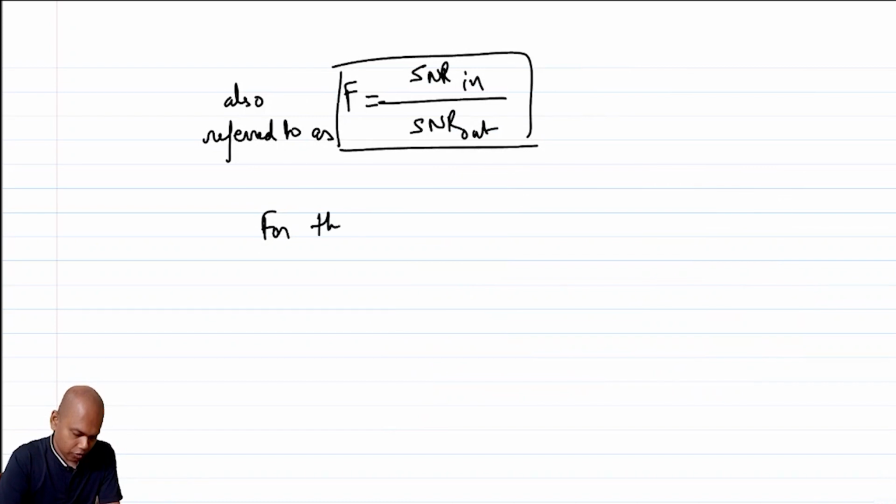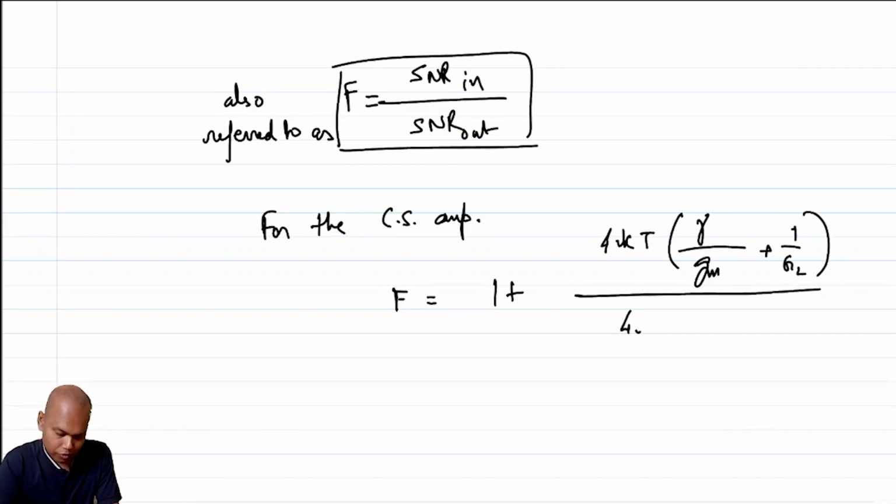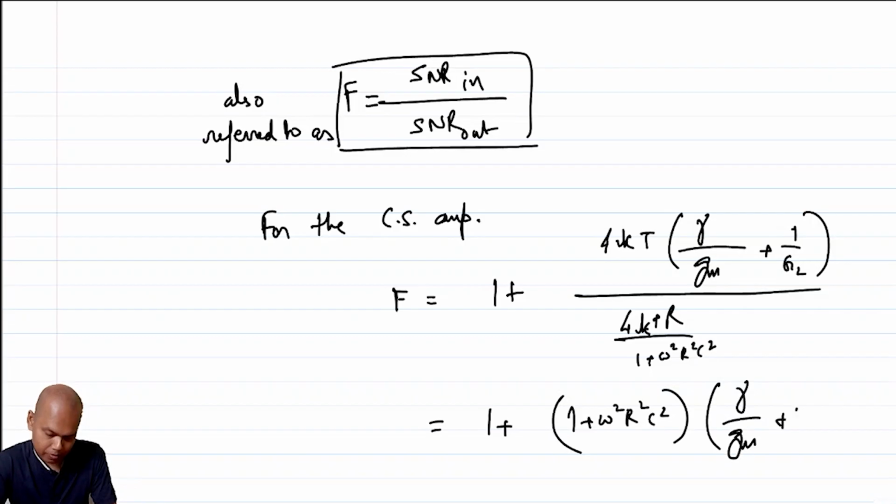So for the common source amp, the noise factor is nothing but 1 plus 4 kT gamma by Gm plus 1 over Gl divided by 4 kTr by 1 plus omega square r square c squared, which is nothing but 1 plus omega square r squared c squared times gamma by Gm plus Rl.